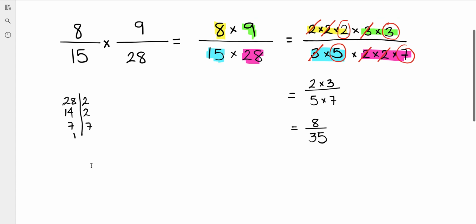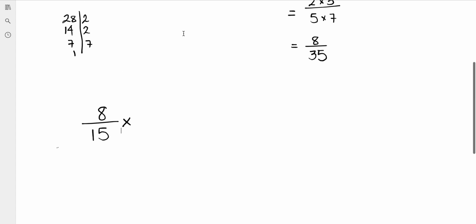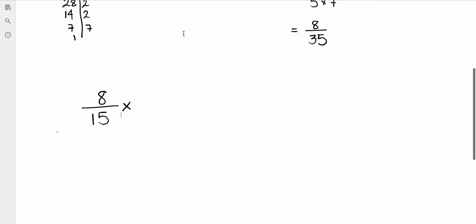Beautiful. I'm going to write it here, 8 over 15 times 9 over 28. This is what you need to do when you're multiplying fractions. You always have to cancel.